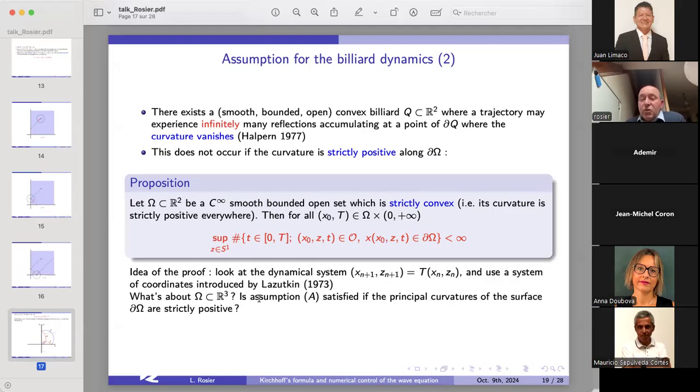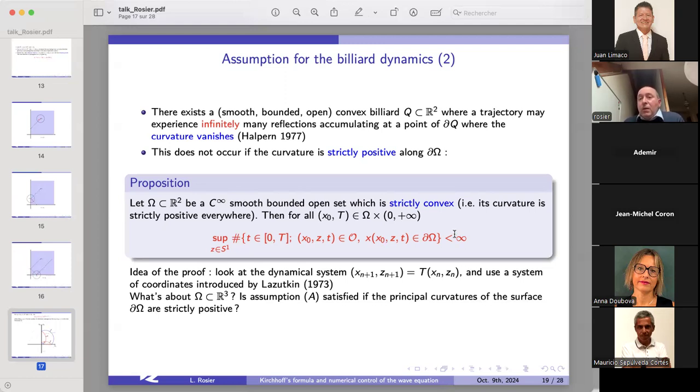To prove that, we use a tool which is very classical in the literature about billiard dynamics. We use a dynamical system (x_{n+1}, c_{n+1}) = T(x_n, c_n). Lazutkin introduced a very nice coordinate to represent this system, and using this coordinate we were able to prove that.